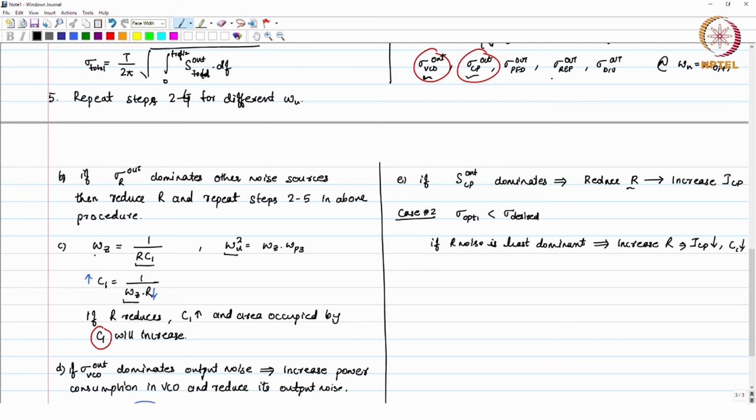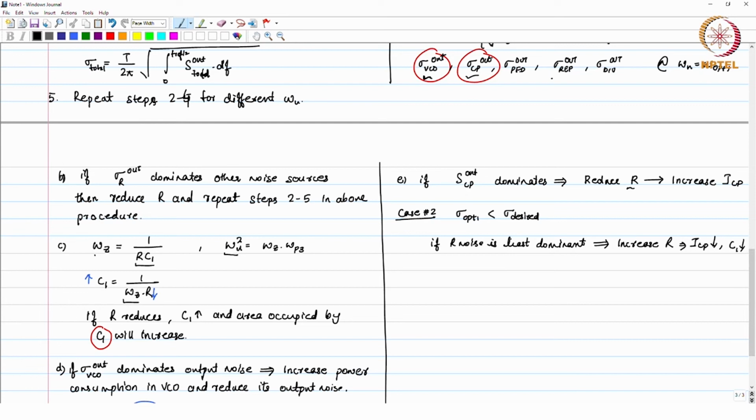Okay. You are actually increasing noise at the expense of lesser power consumption. So, for a power optimized design for the desired jitter value, you have to do this iteratively till the time you meet your jitter requirements with the minimum amount of power consumption. Okay.